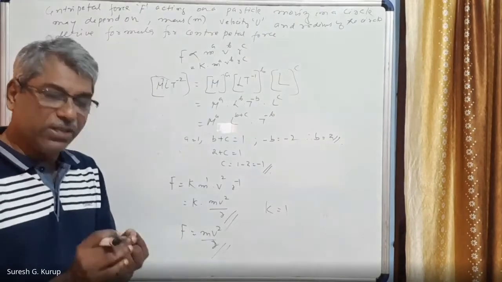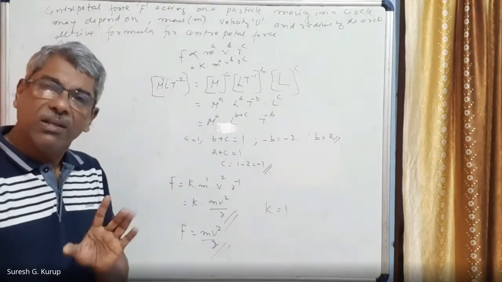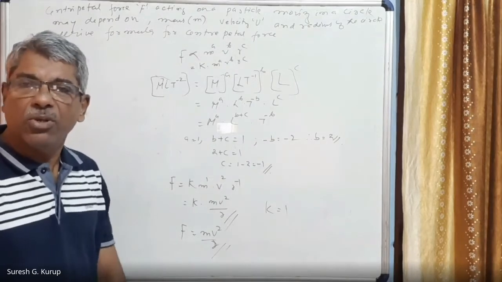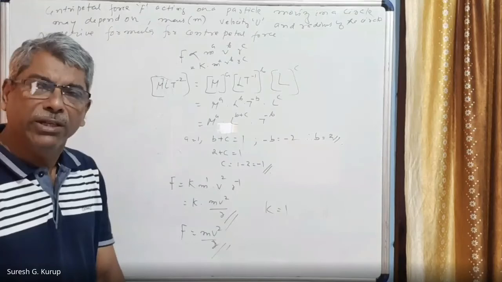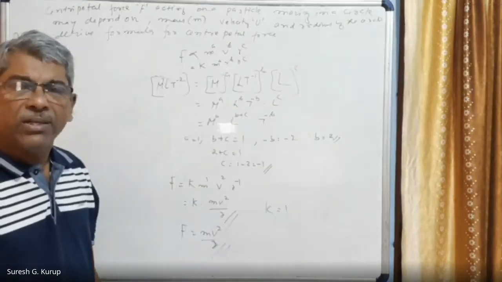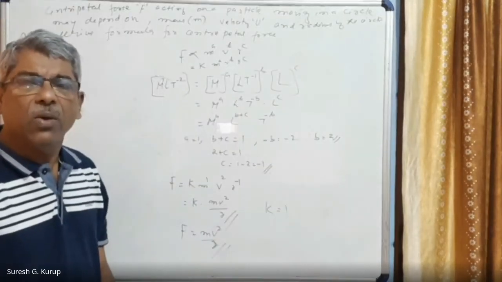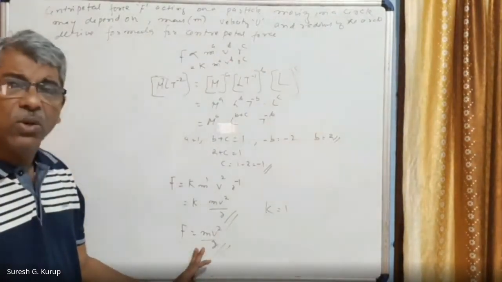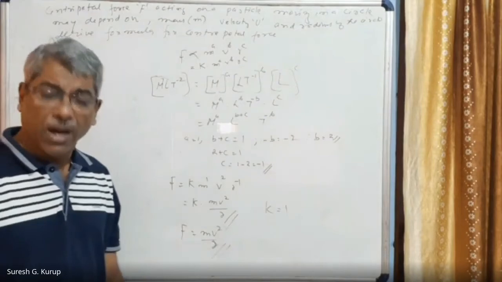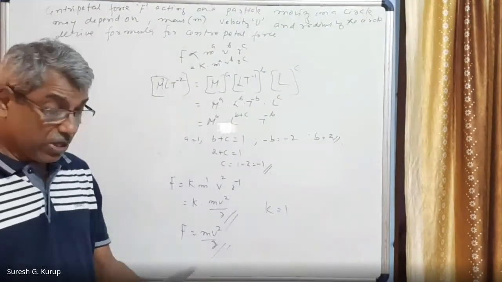You will feel some kind of force at your fingers. This is centripetal force. Centripetal force is the radial force. A force which is acting along the radius toward the center is called a centripetal force. The expression of centripetal force is given by F is equal to m v square by r, right? So this is about centripetal force.